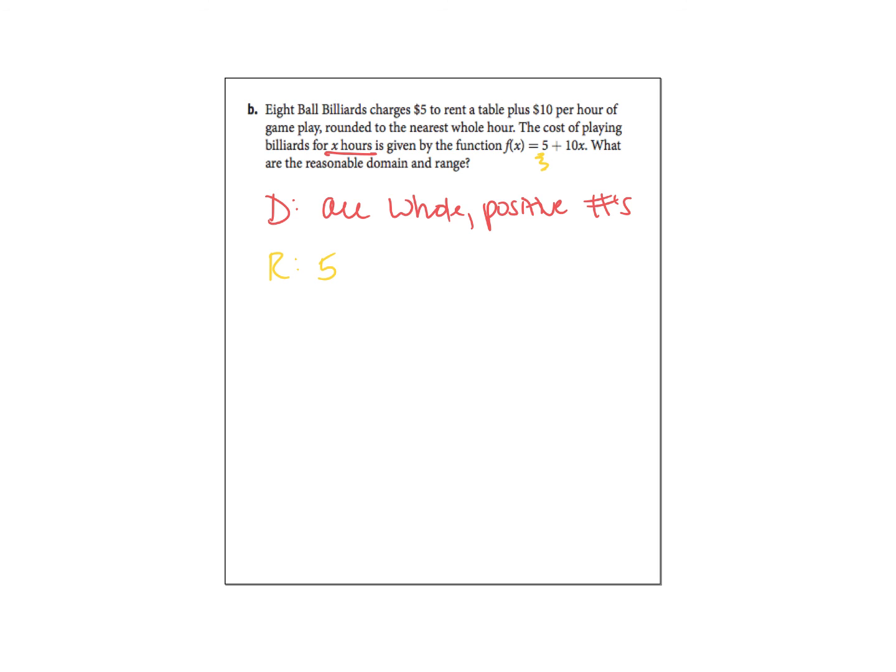And then every single time we're adding on $10 more. So we know that could be 15, then 25, then 35, and we can keep going for multiples of 10 starting at 5. So this is another visual on how we can represent it as well.